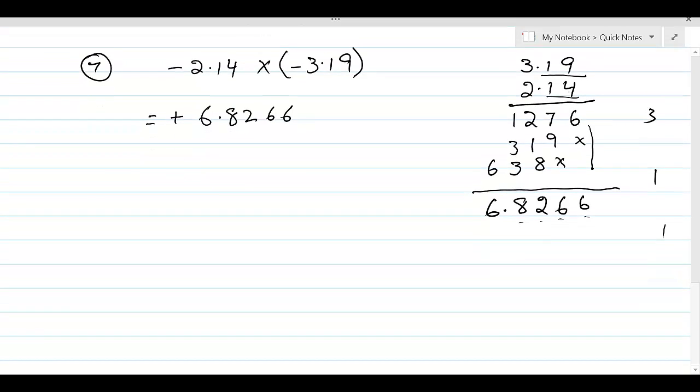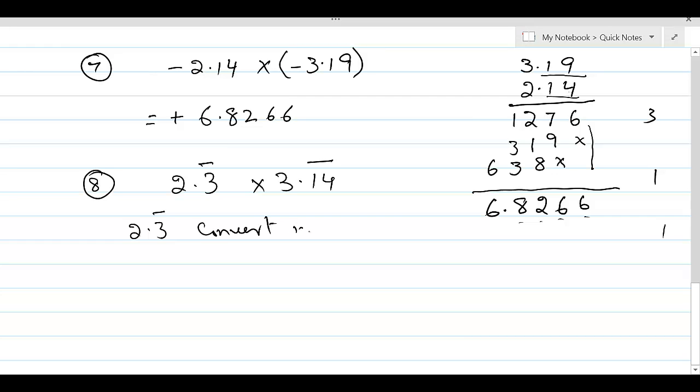One more question before we finish our exercise now, and that is, what happens when repeating decimals or recurring decimals multiply? 2.3 bar times 3.14. In this case, first we have to convert 2.3 bar into a fraction, and I have illustrated the procedure for this conversion earlier.